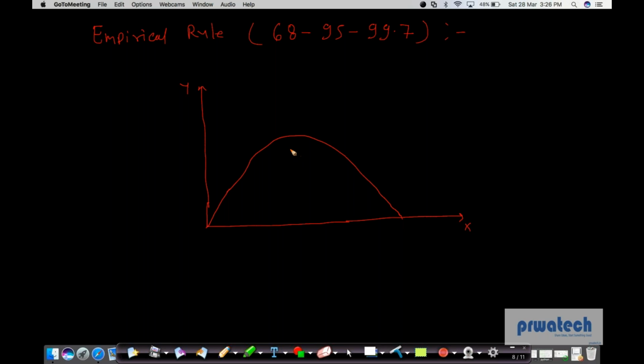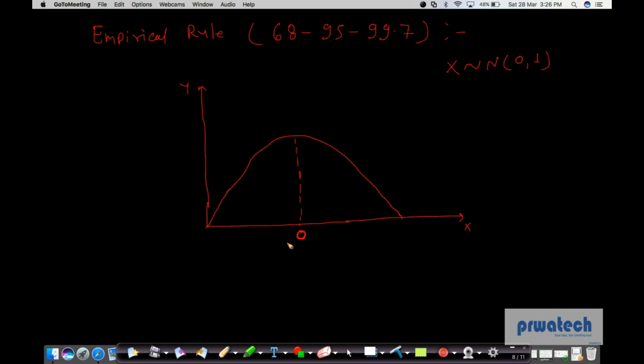And we know that x is a random variable which follows the normal distribution if it has 0 as the mean and 1 as the variance. This is my mean, which is 0.